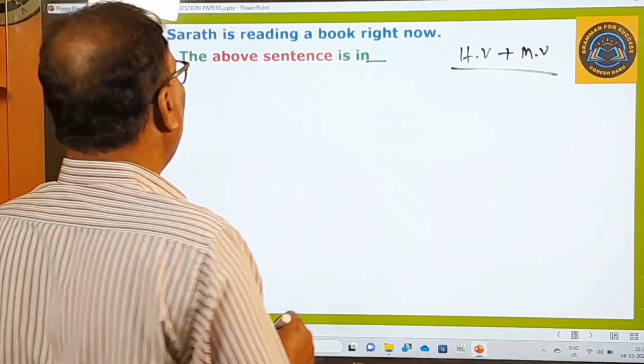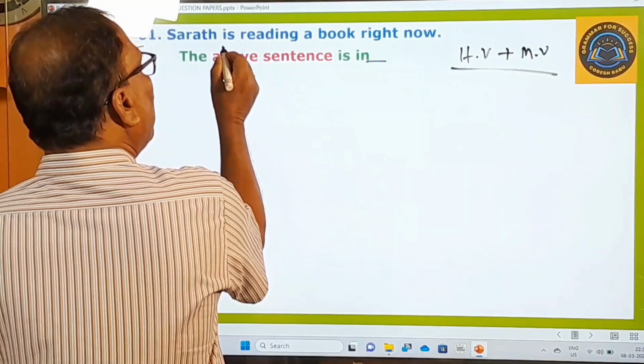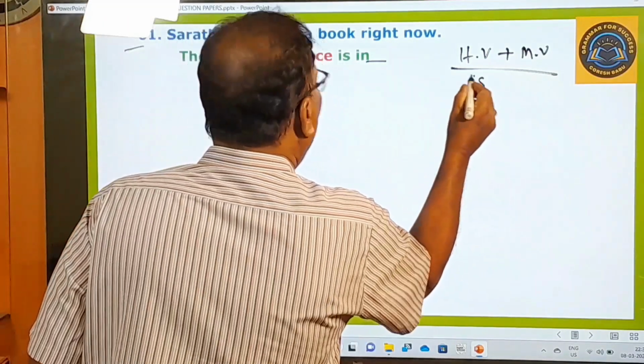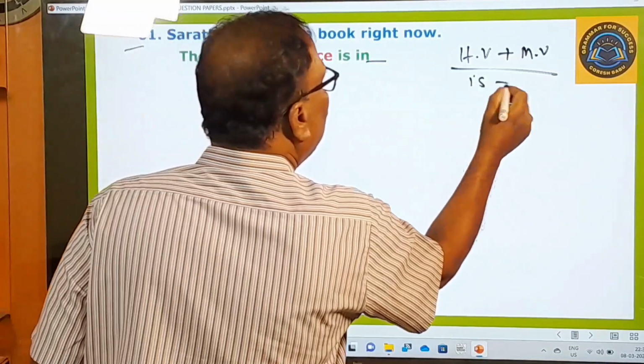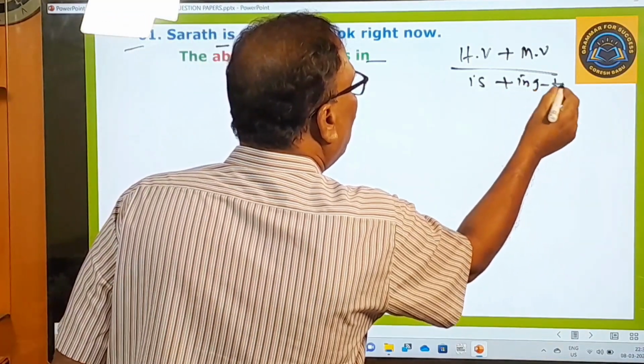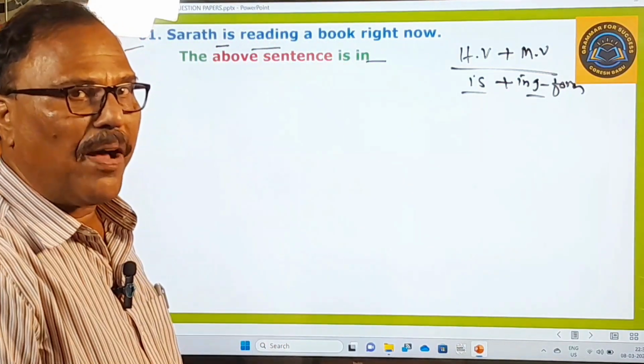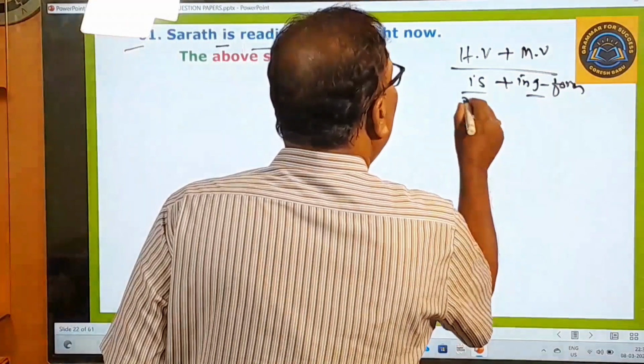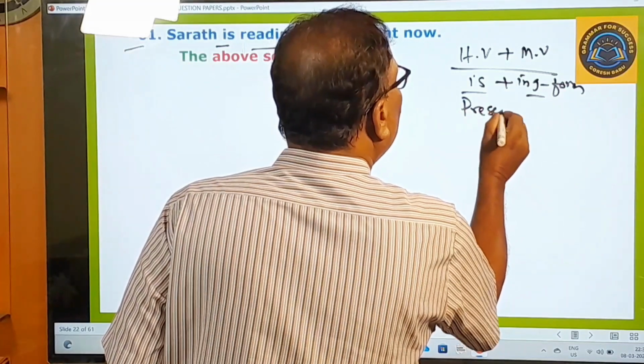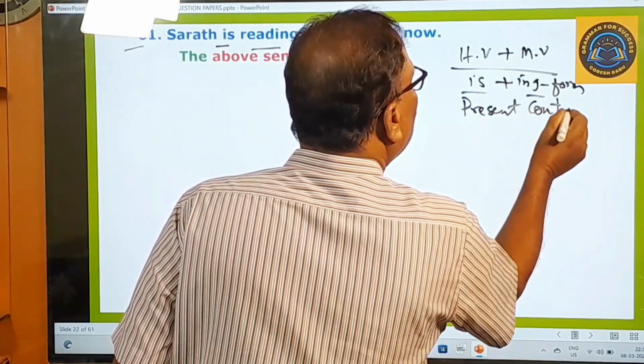For example, in this sentence, what is the helping verb given? Is. And what is the main verb given? Reading. Reading means it's an ing form verb. So whenever you find these two features, is plus ing form, you must immediately think it is the feature of present continuous tense.